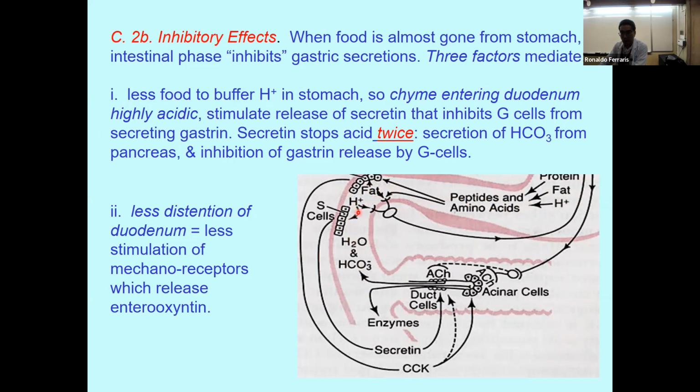The acid stimulates chemoreceptors in your S cells. The S cells make secretin. They go tell the duct cells to make and release tons of bicarbonate in copious volumes to neutralize the acid entering from the stomach.